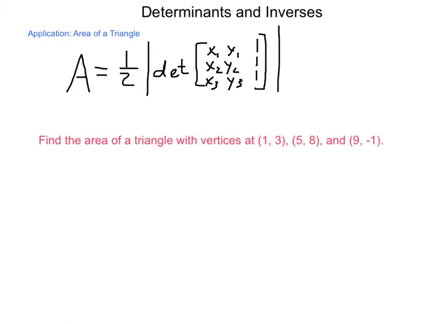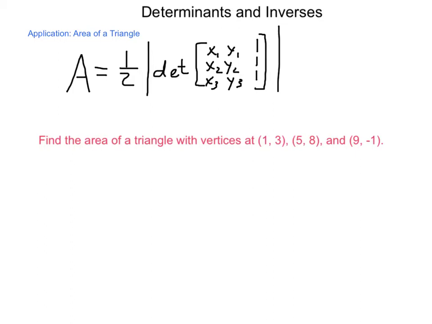So area is 1/2 the absolute value of the determinant of a 3 by 3 matrix. The first two columns are your x and y values for the coordinates, and the third column is simply 1s, that way it doesn't change it.